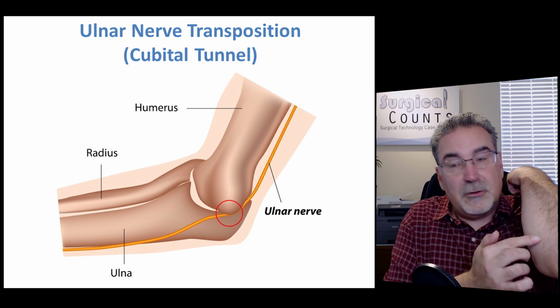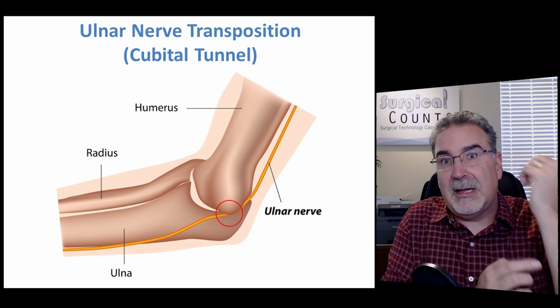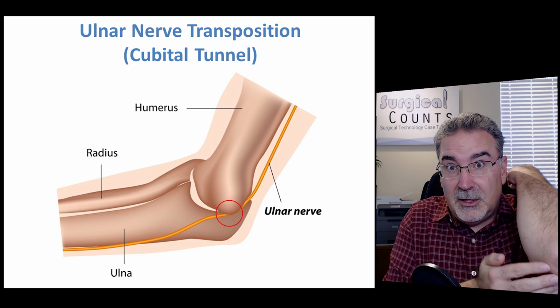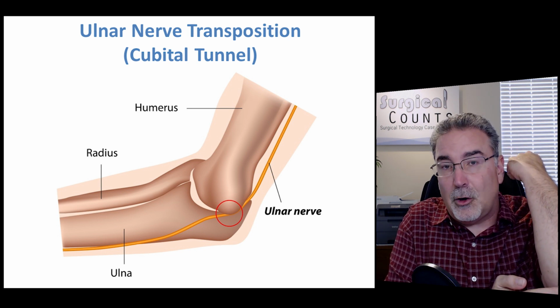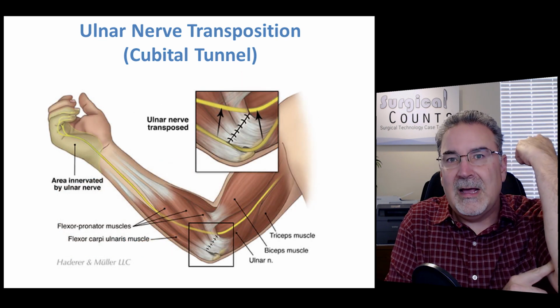So in this procedure, the ulnar nerve runs through a gap called the cubital tunnel, just like the carpal tunnel that you have in your wrist. You have a cubital tunnel in your elbow, and the ulnar nerve runs through that. And if it continues to get caught or pinched in that area, you can actually take that ulnar nerve and move it out of that.